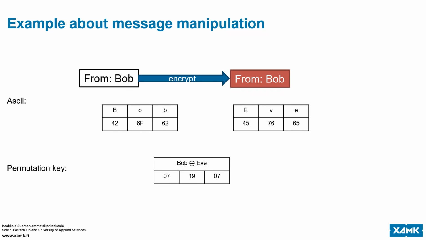After all the letters have been XORed and encoded, the sub-permutation key would be 071907. You'll notice that because the operation for capital B and capital E resulted in 7, the operation for lowercase b and lowercase e is also 07. This is because the ASCII table is somewhat symmetrical, so that's why you get the same result. So this would be in fact the sub-permutation key to write Eve over Bob.